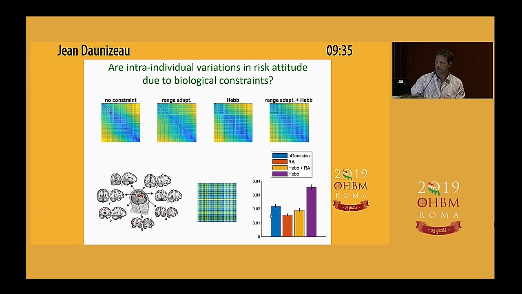And what you can see now is that the Hebbian plasticity, sorry, not learning, but biological constraint, seems to be most representative of what's going on in the structure of the fMRI data. So this is just cross-validation, right? Fit the model to behavior, all these constraints explain the same type of behavior, look in the fMRI data, and it looks like Hebbian more than range adaptation. This is just a proof of concept.